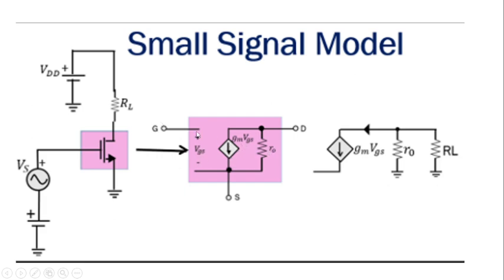These three terminals, gate, drain, and source, have been connected. When the load resistance is applied, r_o is parallel to RL. So the overall gain of this small signal MOSFET, output voltage by input voltage, is given as minus gm into R. That is the gain of the small signal model of the MOSFET.